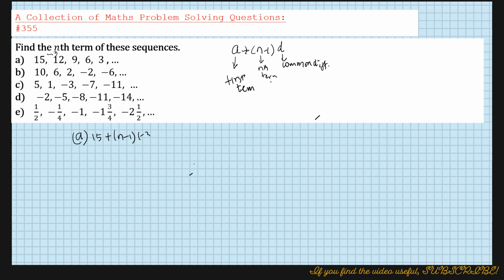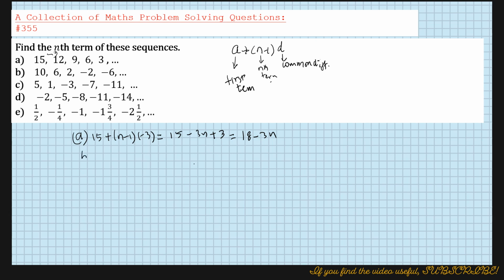So times minus 3, and that equals 15 minus 3n plus 3, and that equals, sorry, 18 minus 3n. Sorry about that. So that's the nth term of the sequence. A is 18 minus 3n.